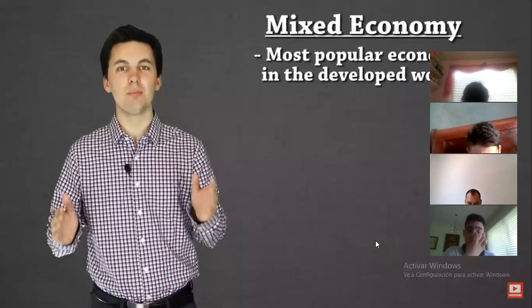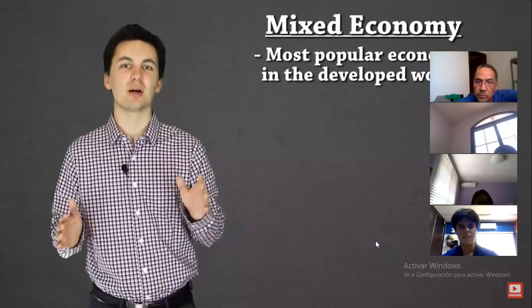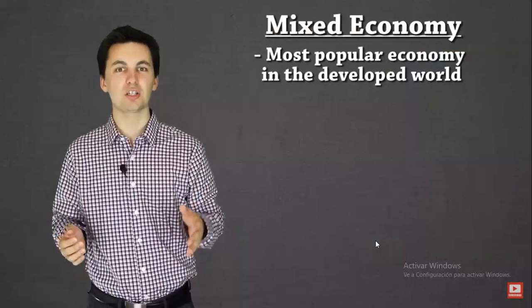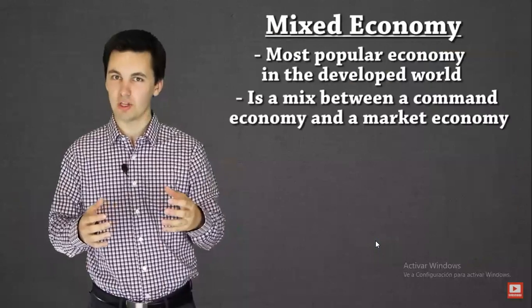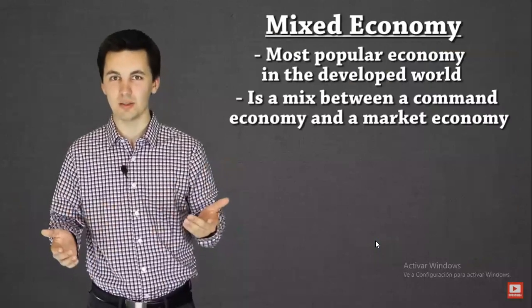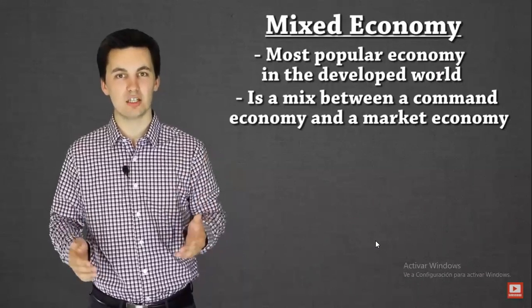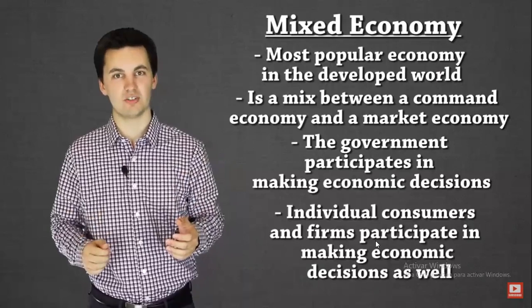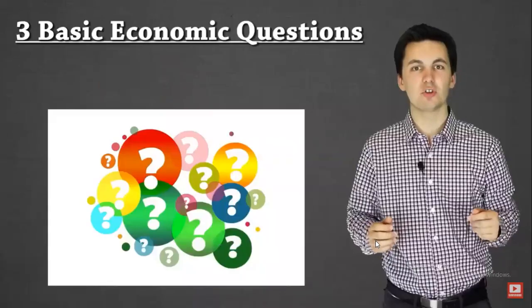A mixed economy is the most popular economy in the developed world today. It's actually kind of like Hannah Montana's song, you know, you get the best of both worlds. It takes some of a command economy and some of a market economy and puts them together. And then what it forms is this mixed economy. Now, what that means is the government is involved in the economy, but the individual consumers and also our businesses are as well. Our 3 basic economic questions get answered by all parties.